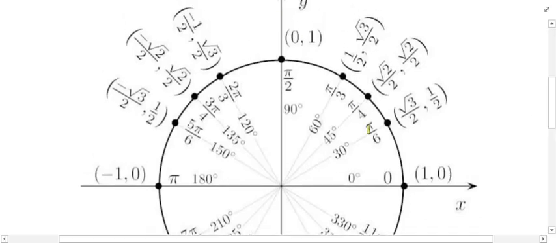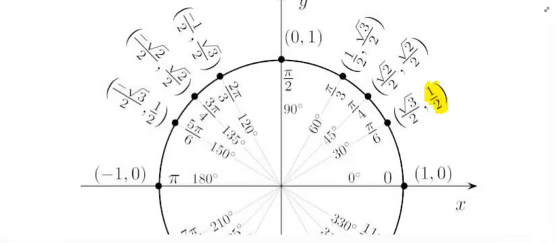So for example, if you were looking at the angle pi over 6 and we're doing this in radians, you could do it in degrees in a similar fashion. But if you were dealing with the angle pi over 6, you would plot the sine of pi over 6, which happens to be the y coordinate, so it's going to be 1/2. Okay, so that's how this is going to work.